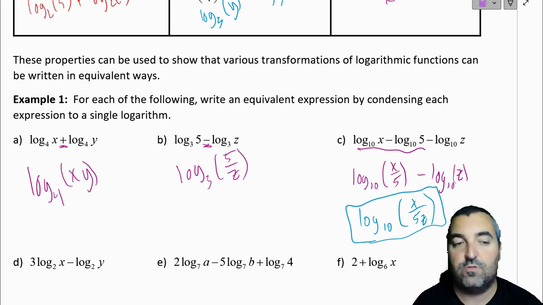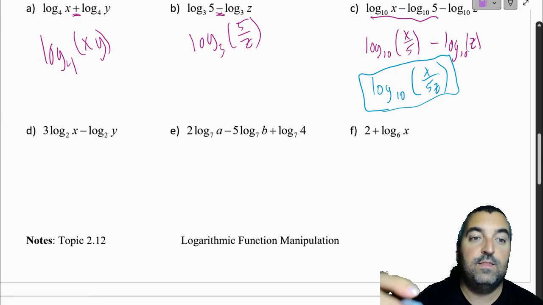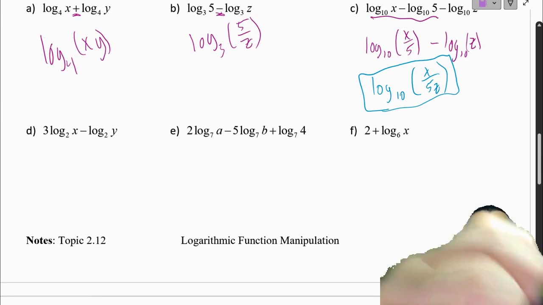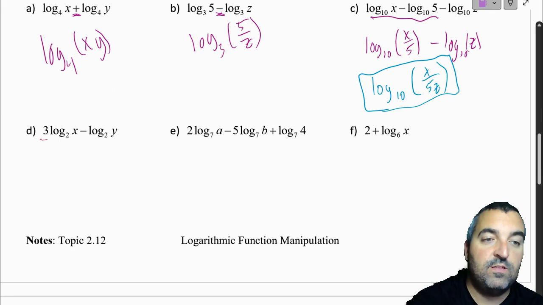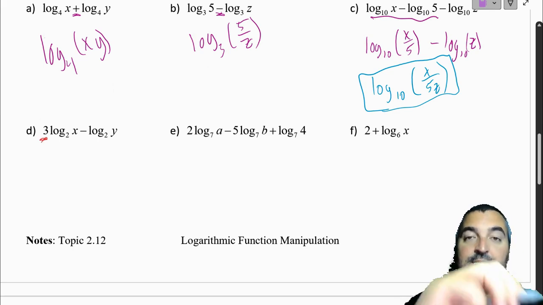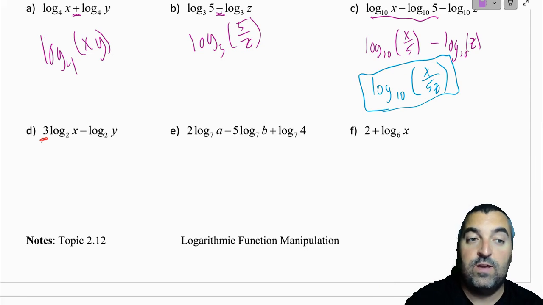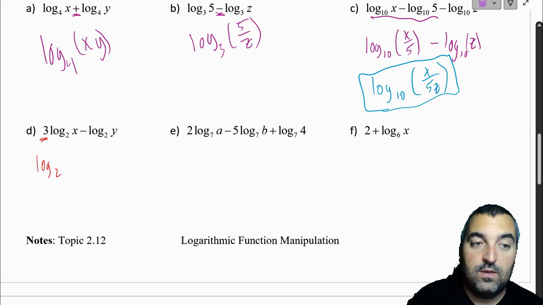Okay, a little shortcut. All right, so if we go to D, we have to pay attention because there's a 3 in the front. We cannot condense these unless the log has nothing in the front other than maybe a plus or a minus sign. So we have to do the power property, which is to move that 3 to the power.